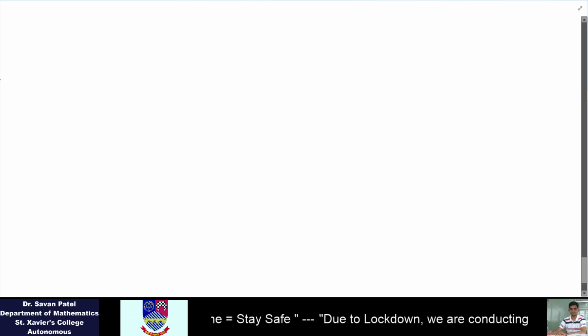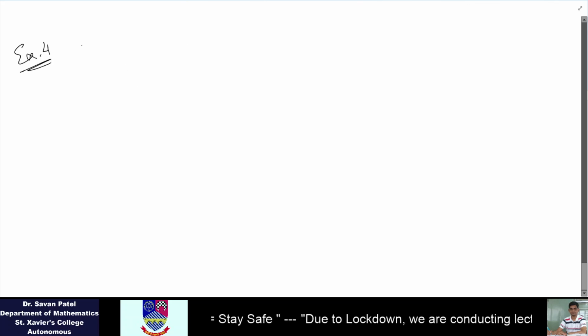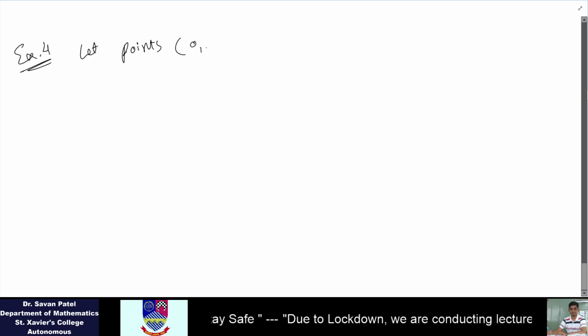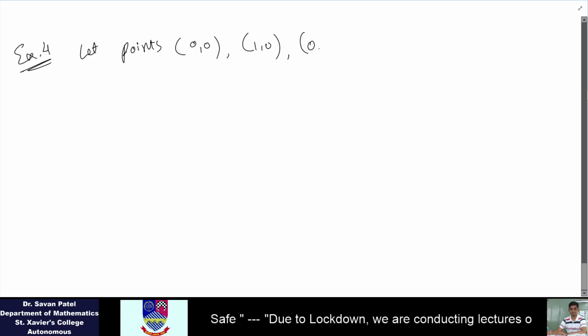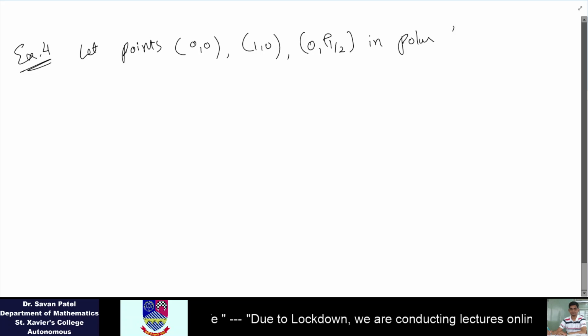Let me write one more problem. Let points (0, 0), (1, 0) and (1, π/2) in polar form be given.